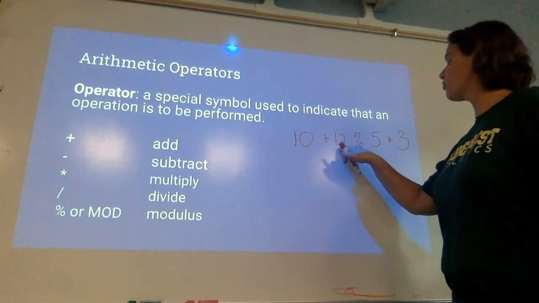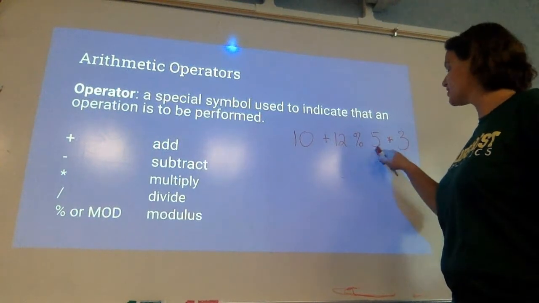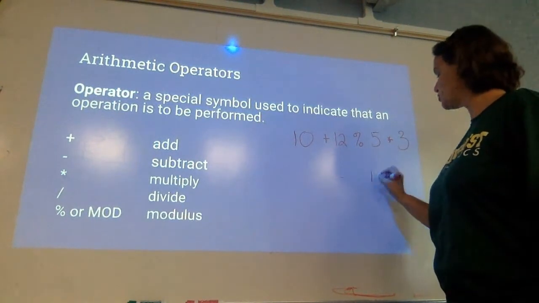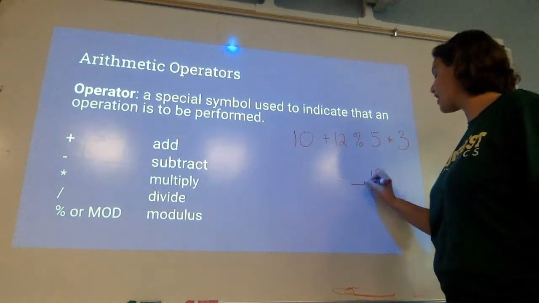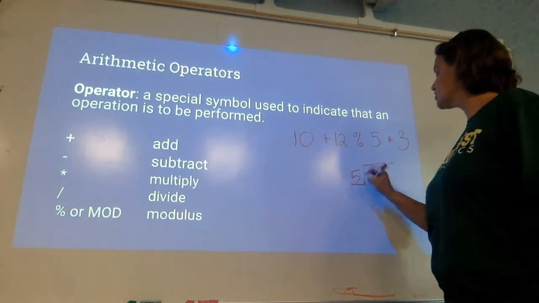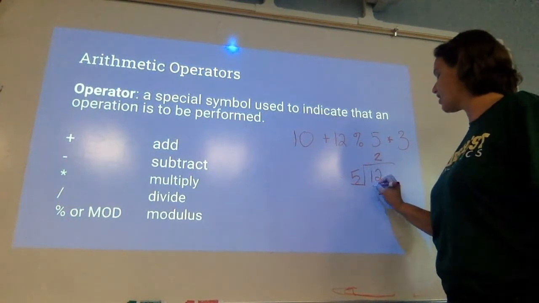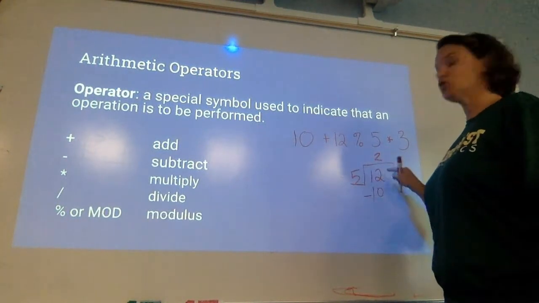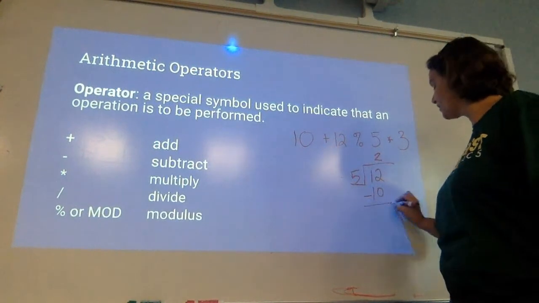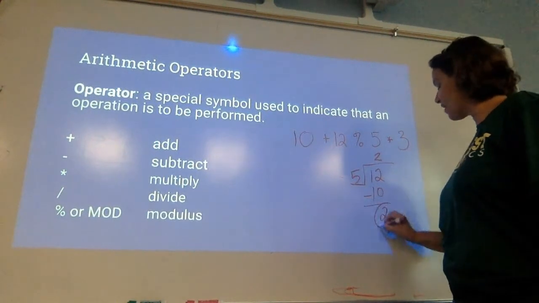So I can do 12 modulus 5. I'm going to do 12 and divide it by 5. So 5 goes into 12 2 times. 2 times 5 is 10. 12 minus 10 is 2, and that's my remainder.